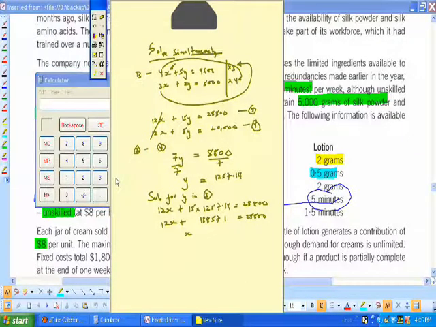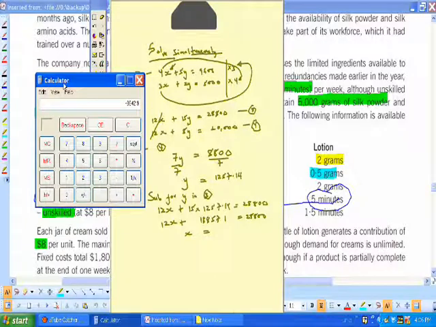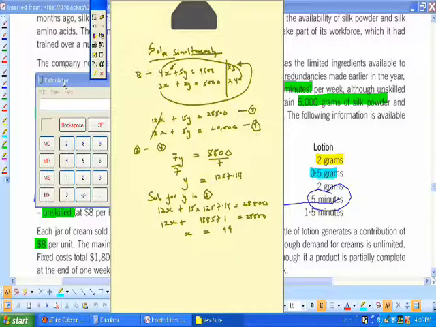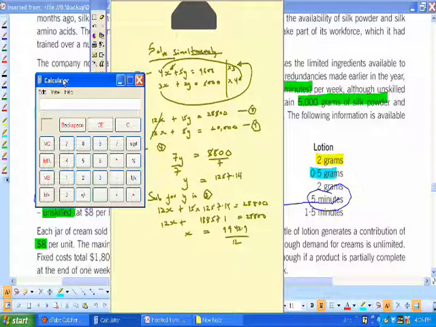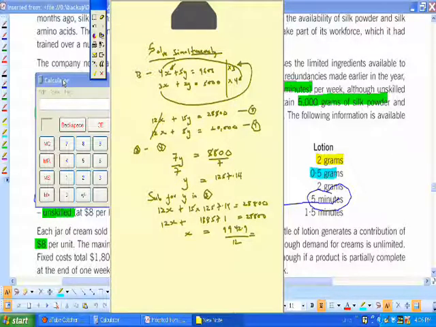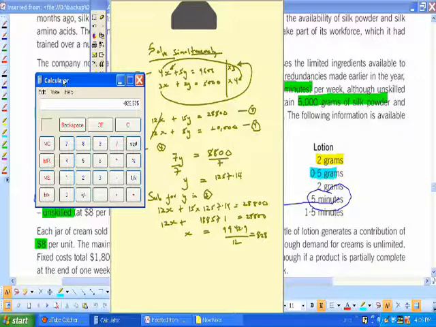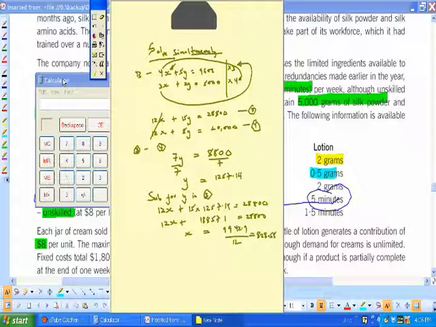So x will equal 9942.9 divided by 12, which is equal to 828.58.